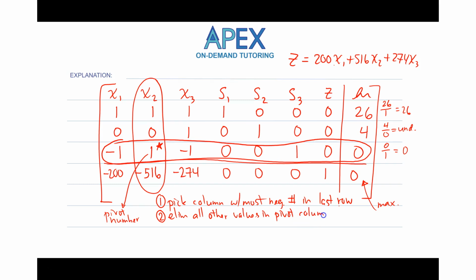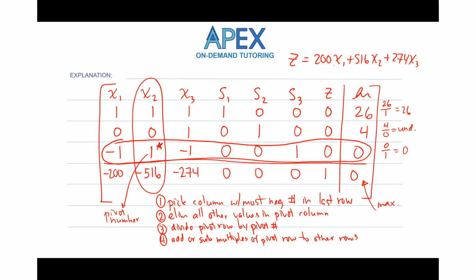And to do that, if necessary, we're going to divide that pivot row by this pivot number, and then if necessary, we'll add or subtract multiples of the pivot row to other rows.